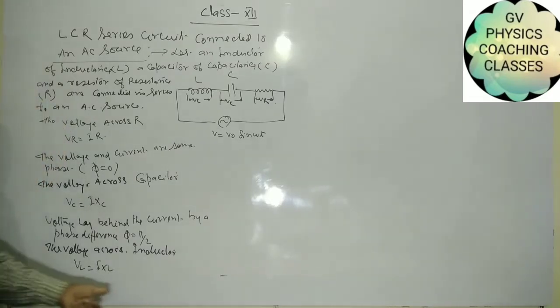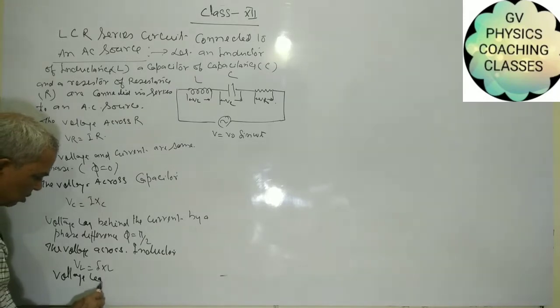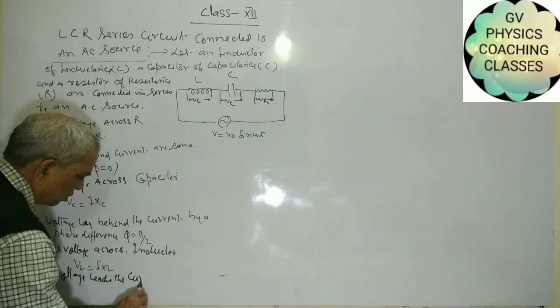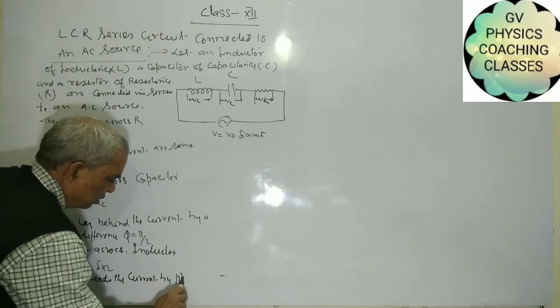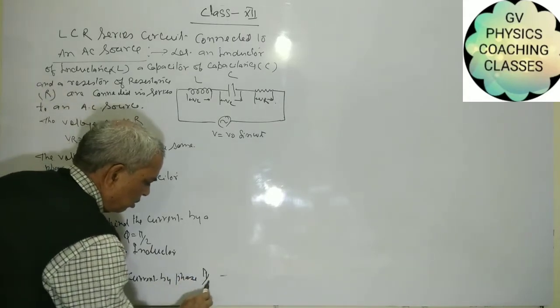Voltage leads the current by pi by 2. Voltage leads the current by phase difference pi by 2.